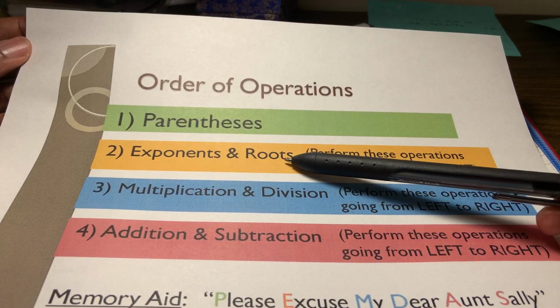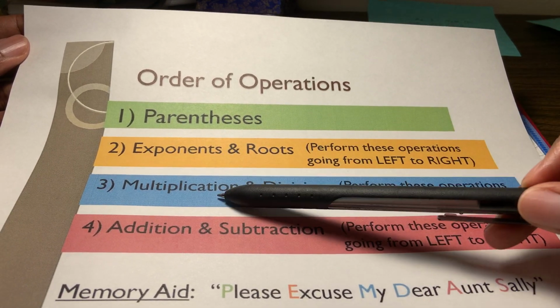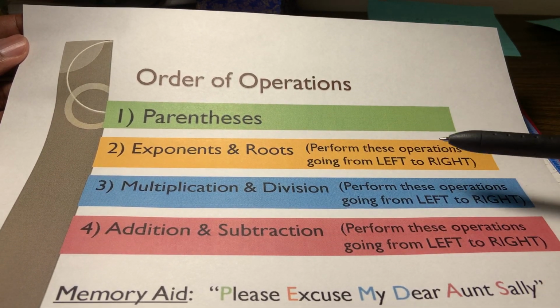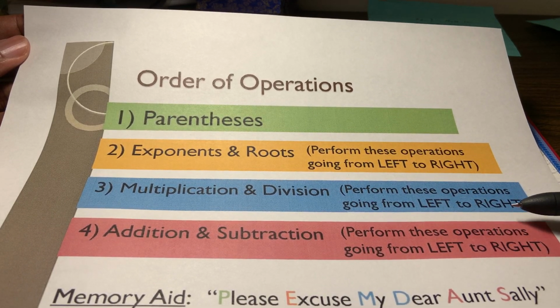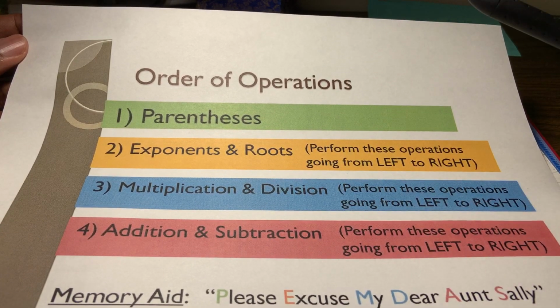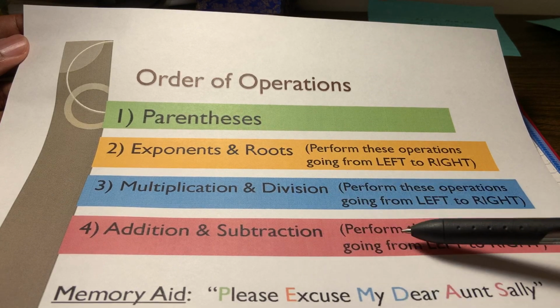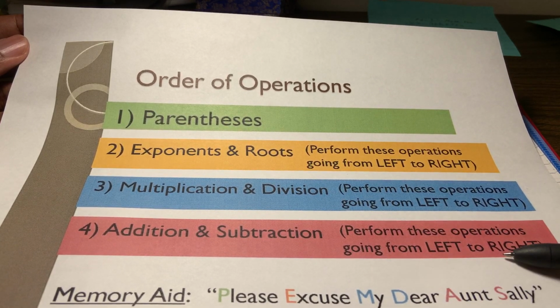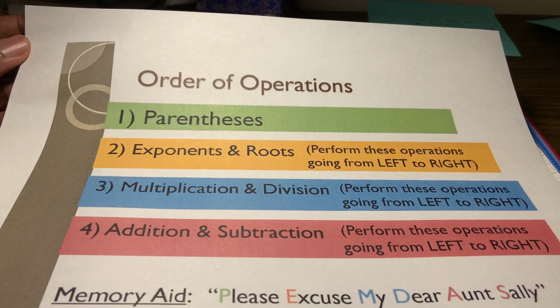Exponents and roots are inverse operations. Step three, multiplication and division. Perform these operations also going from left to right. Why? Because they are also inverse operations. Addition and subtraction. Perform these operations going from left to right. Again, they are inverse operations.